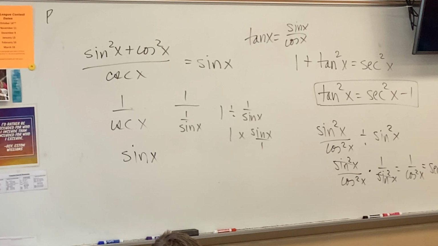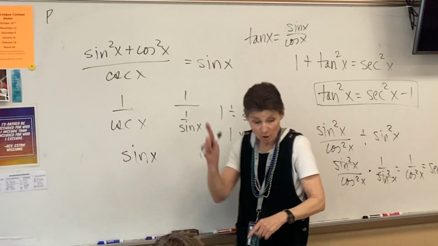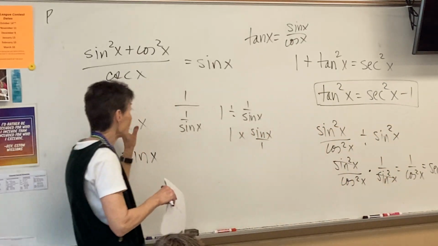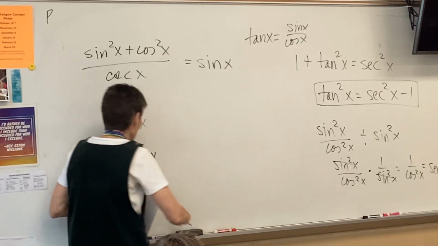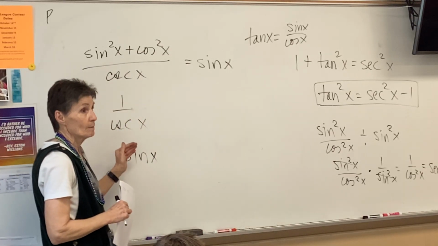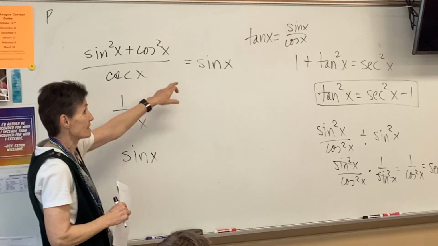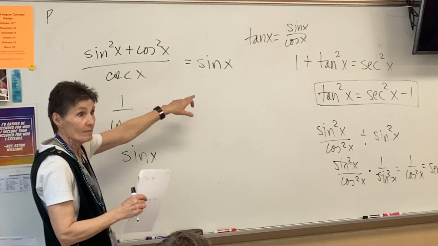Right? Write it down. If you don't know, put them on your sheet. But those are reciprocals. So that problem is done. You did exactly what you were supposed to do. You simplified this and ended up with that.